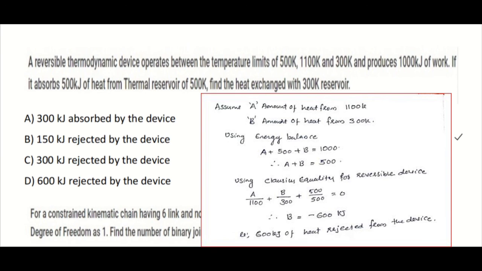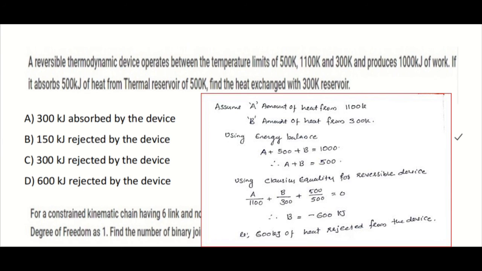The sum of all Q by T equals 0. That is A by 1100 plus B by 300 plus 500 by 500 will be equal to 0.